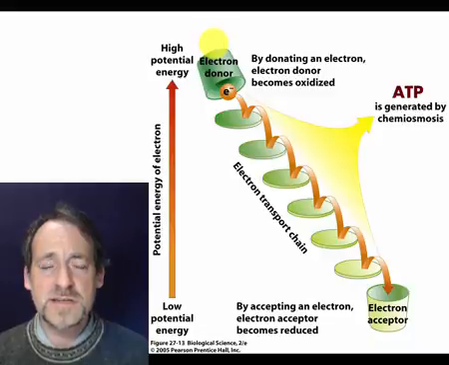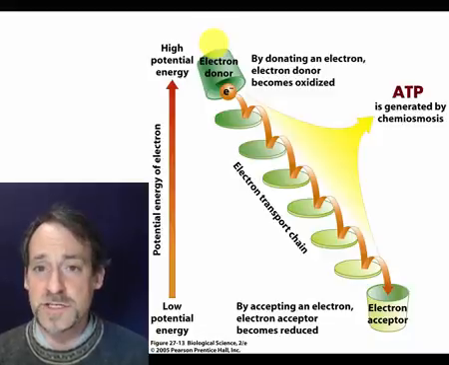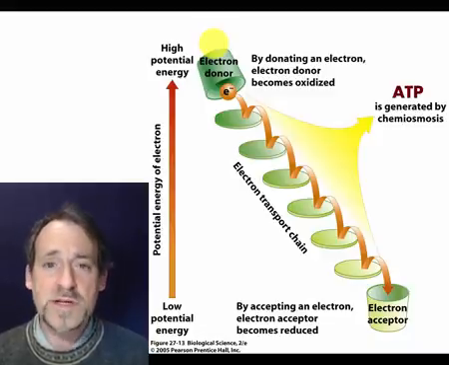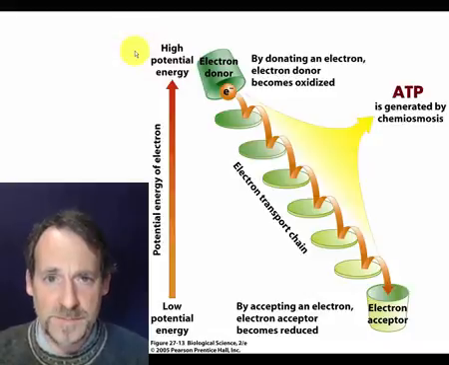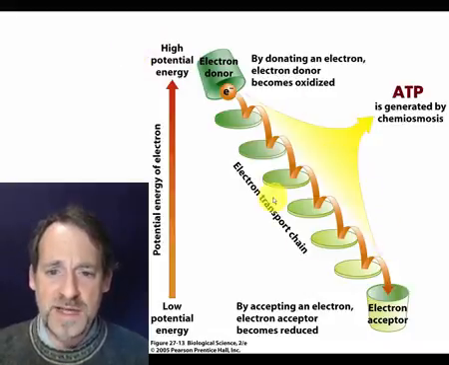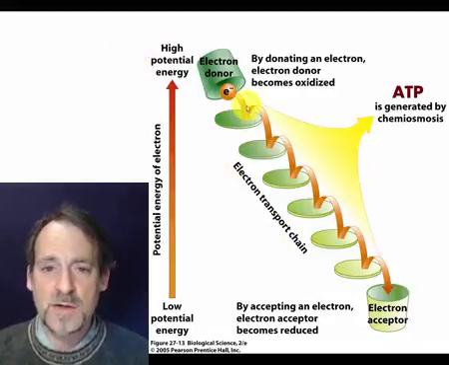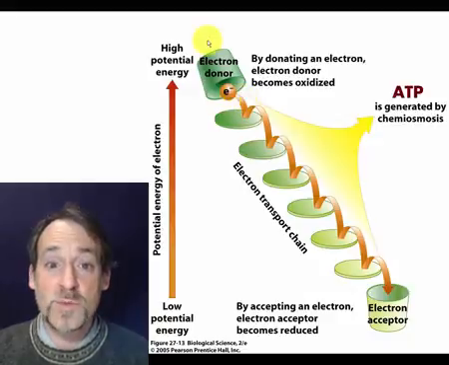But essentially, the gain of energy in respiration always involves taking a chemical compound with high potential energy and stripping electrons away from it. What's shown here is an electron transport chain. Electrons are stripped away from this high potential energy compound up here.